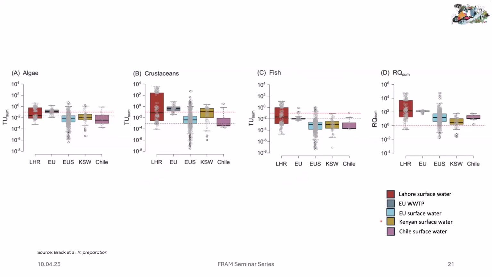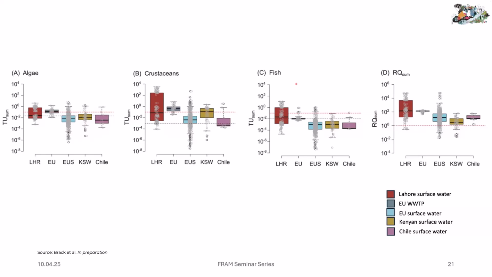Just to give you a little bit of context of what we can do with that type of data. This is an ongoing study where we are taking all the measurements from Chile, Kenya, Germany and Sweden, and also in combination with other studies in the European Union. If you focus on the last three bar plots, for algae, crustaceans and fish, we are actually able to do risk predictions.